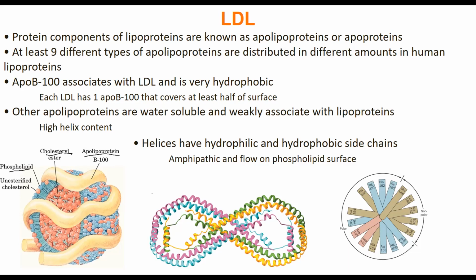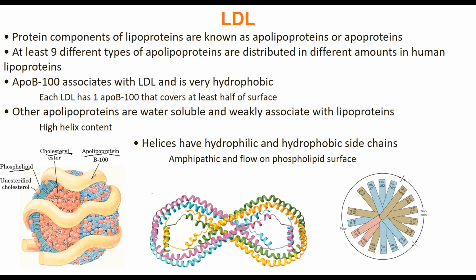And there's a little bit of fatty acid in there still, but this is mainly a cholesterol carrier. Now, we know that there are roughly 9 different types of proteins that can associate with our lipoproteins, or associate with our lipid carriers.